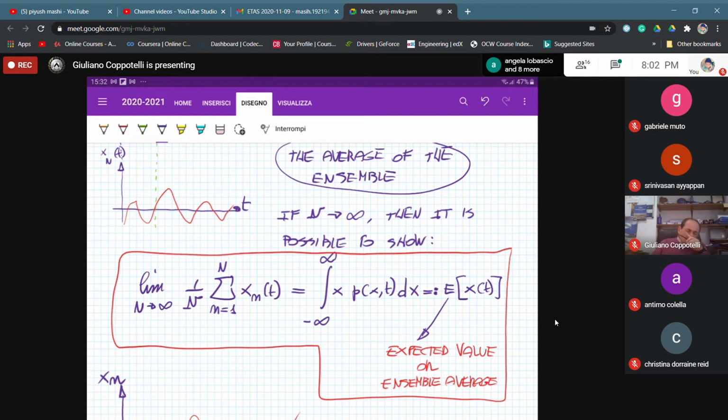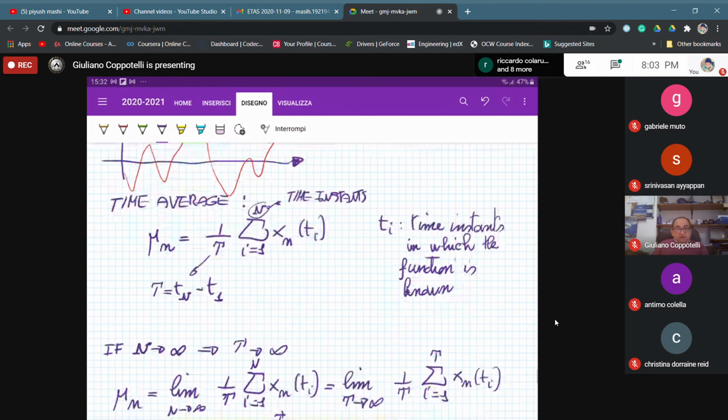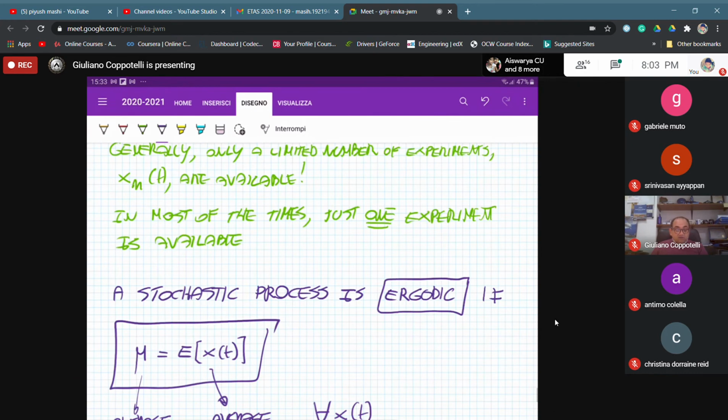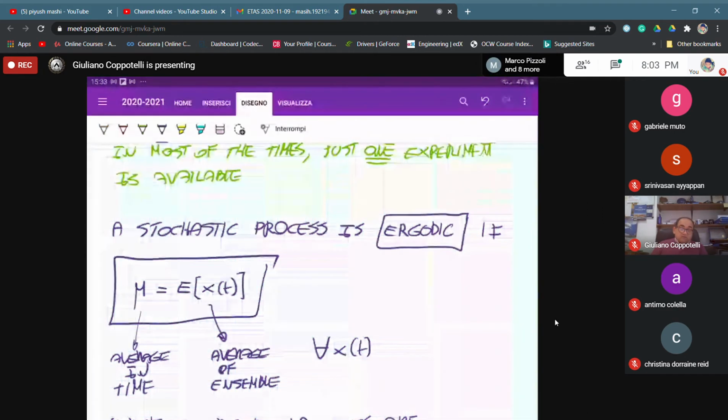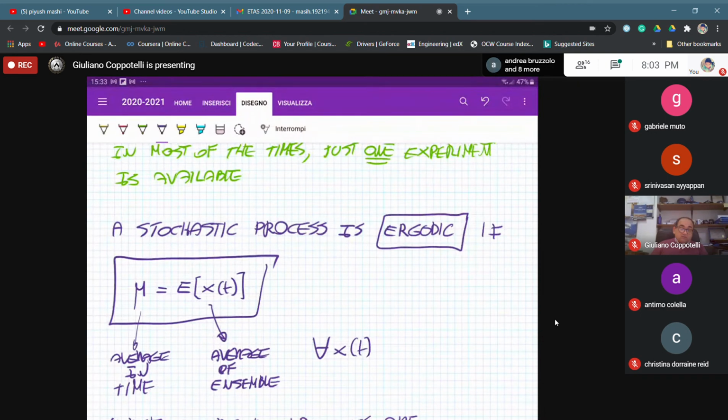But in order to do that, we have to have a very high number of experiments. But if your stochastic process is ergodic, then we can say that the average in the time domain is equal to the average of the ensemble, and then we are free to choose whatever experiment in order to characterize the statistical properties of your stochastic process.